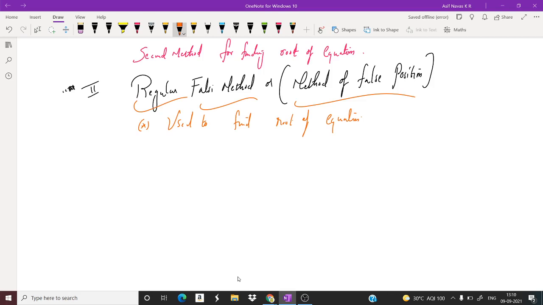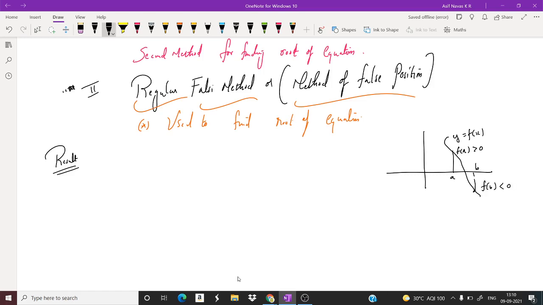So let us recall a result. I told you that if you have a function y equal to f of x, but for some point a, this f of a is in the positive quadrant, first quadrant, and for some point b, f of b is in the second quadrant.